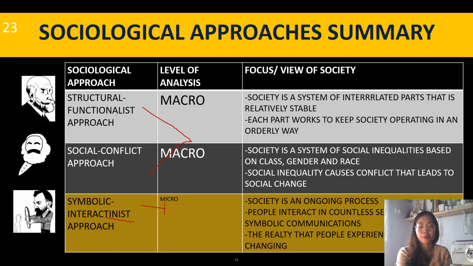Yes, that is on purpose. The font size is really small because micro. So here it's also provided the different views or focuses or focal points of each approach, which we have already mentioned in our discussion.